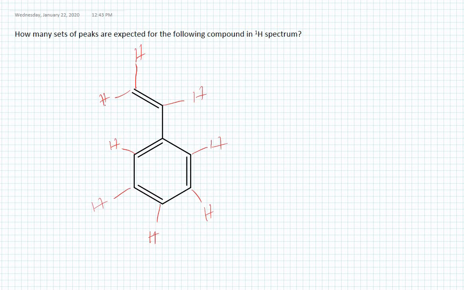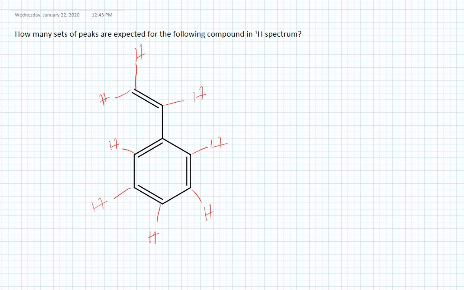For this one, this vinyl hydrogen is facing the aromatic ring, and also it's next to the other vinyl hydrogen. So basically, chemically they are different. So we expect to see two different signals in the NMR spectrum for these two hydrogens.